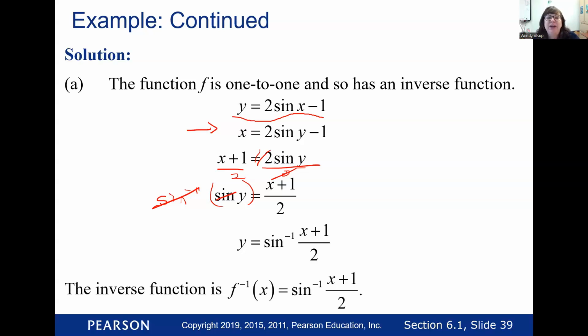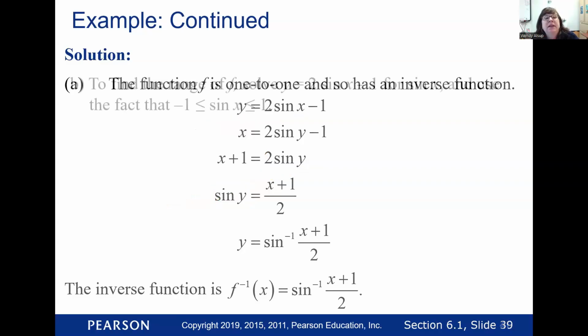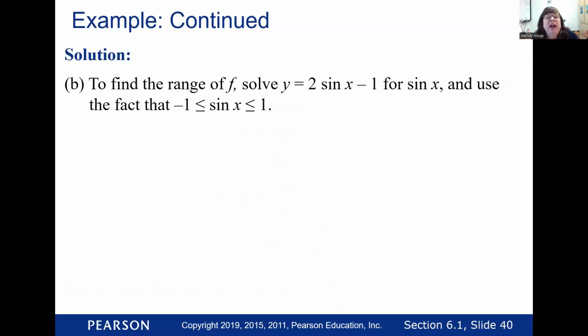And now we have to think about domain and range. Think about the range of the original one. So I'm going back to my original function.